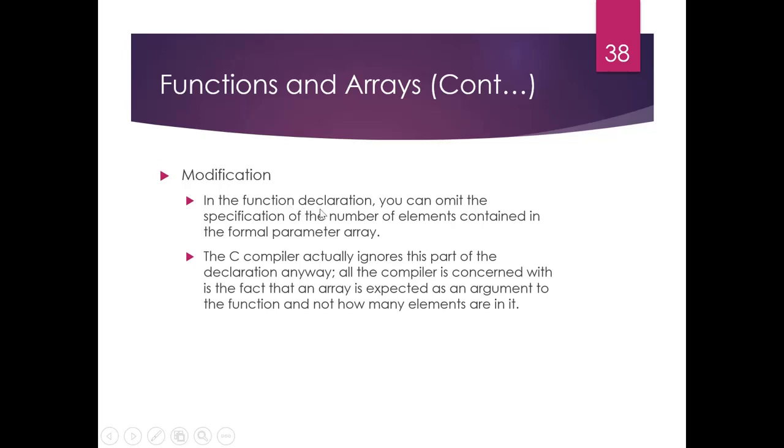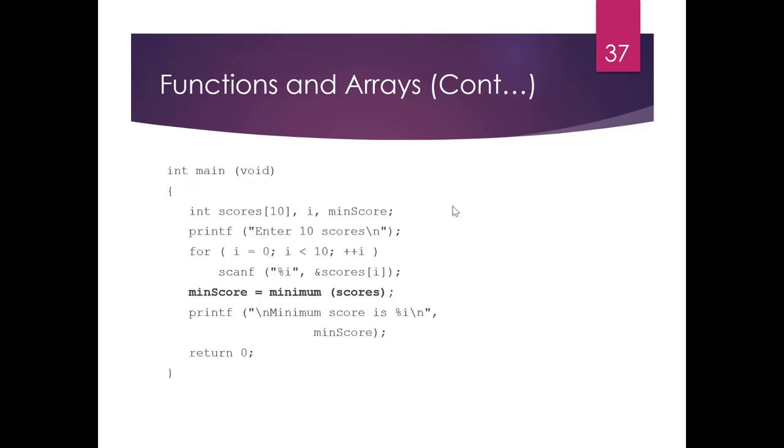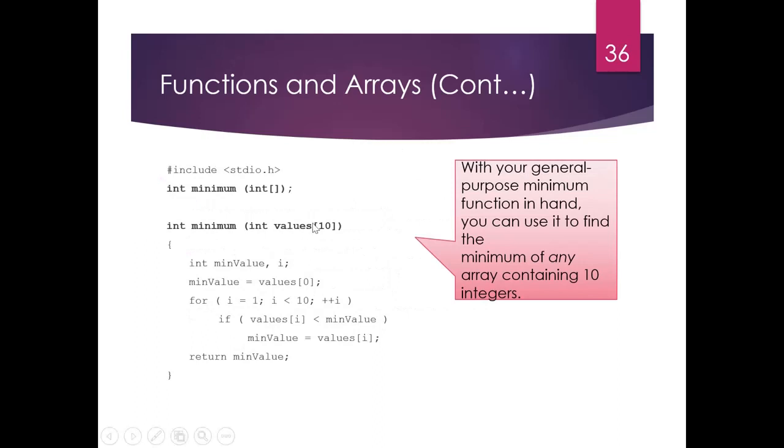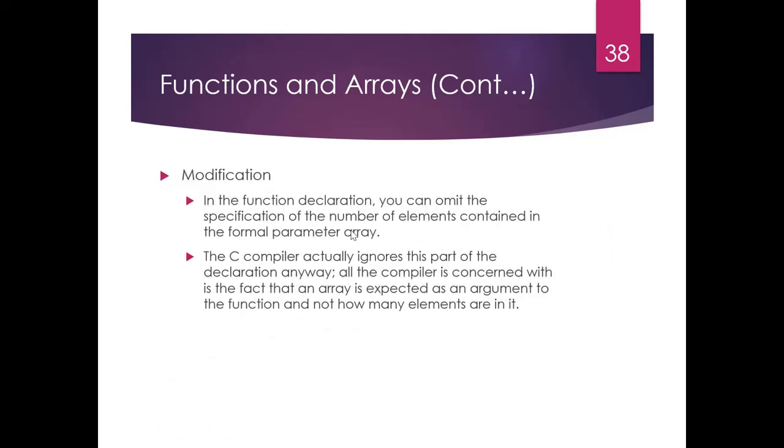Modification in the function declaration: you can omit the specification of the number of elements contained in the array. In the function declaration, it is not mandatory to write the size of the array. In the previous example, we wrote int values 10, the size of this values array is 10, but it is not mandatory. The C compiler actually ignores this part of the declaration anyway.